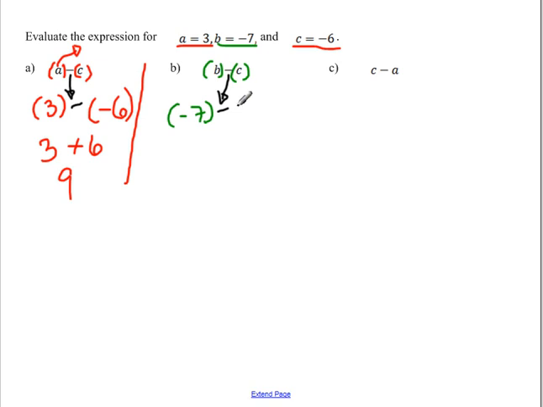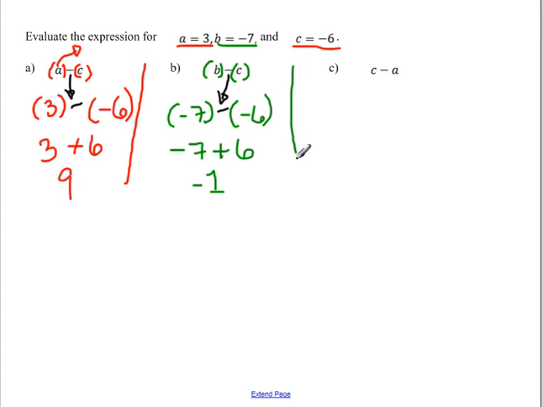And then the c is still -6, so that value hasn't changed. -7 minus -6. Well, when we subtract that negative, remember that means it's just adding the opposite. So -7 plus, the opposite of -6 is +6. -7 plus 6 would give us -1.